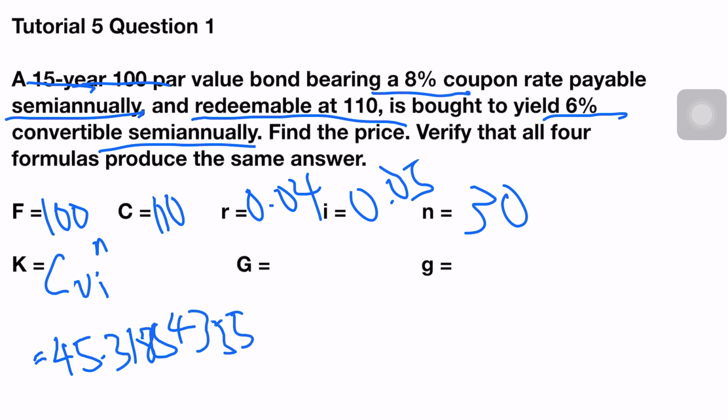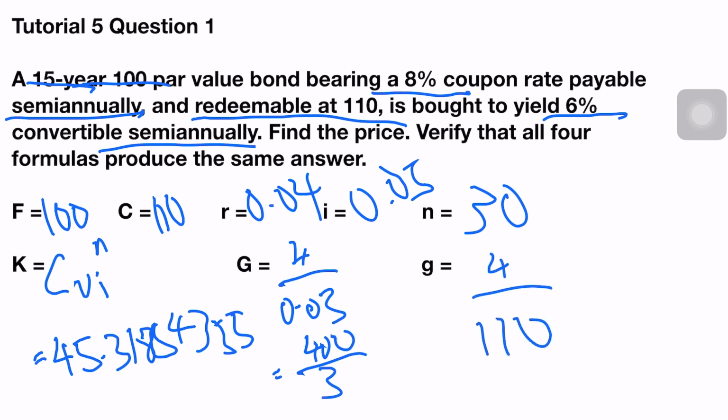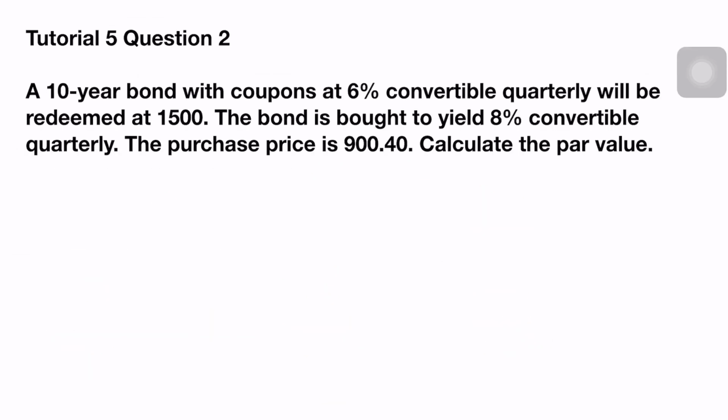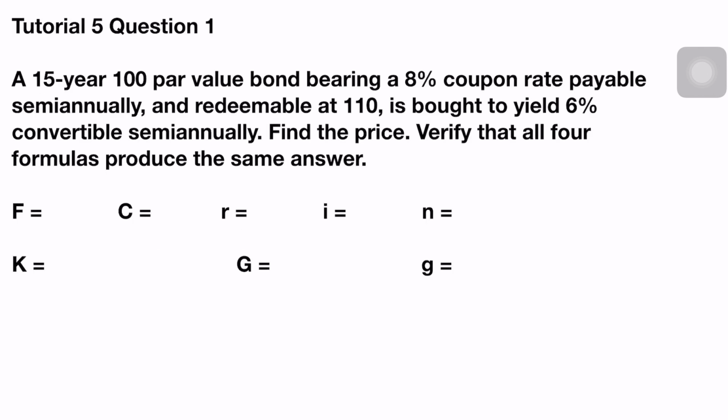The big G is FR divided by I, so 4 divided by 0.03 equals 400 divided by 3. The small g is FR divided by C, so it is 4 over 110.